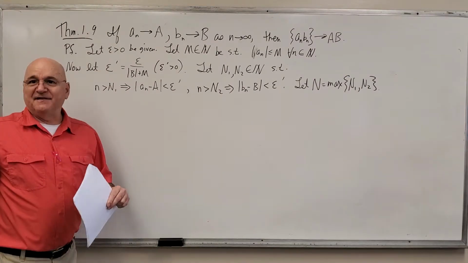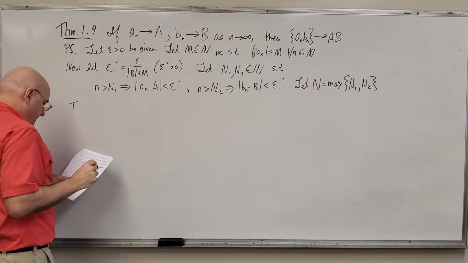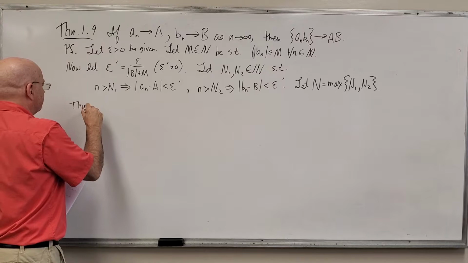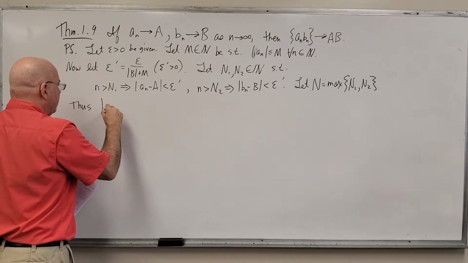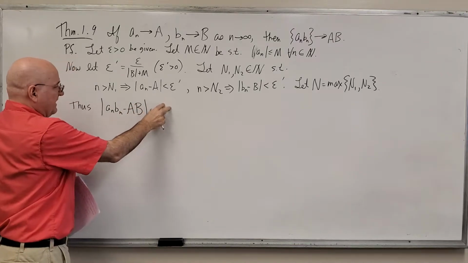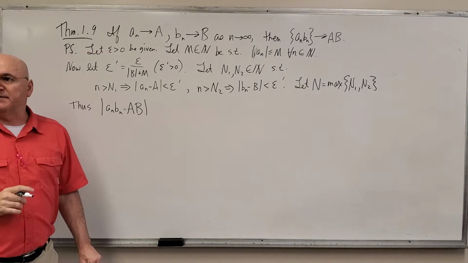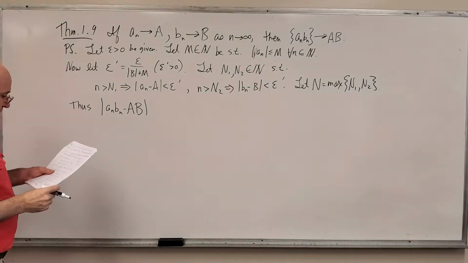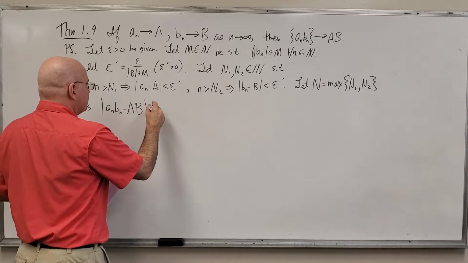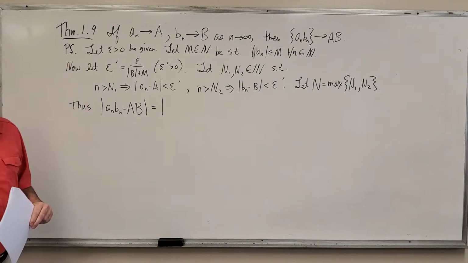All right, now we're going to dive into the final statement. Should I put thus or therefore? I'll put thus. The absolute value of an bn minus capital A, capital B. I'm going to do some arithmetic, but eventually I'm going to show that that's less than epsilon, and that'll be the end of the proof. Well, let's add and subtract the same number from this, which will be the net result of adding 0.